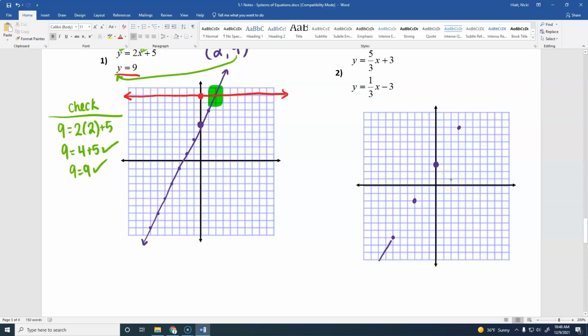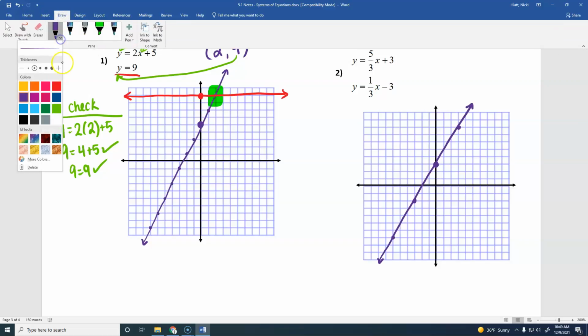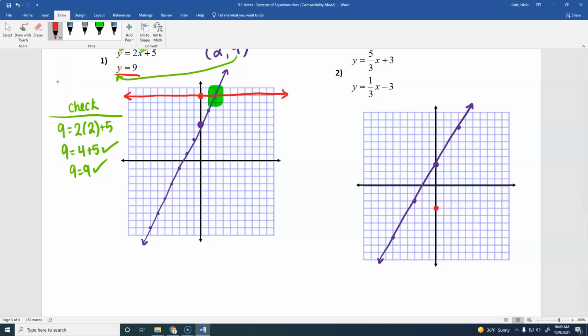So we'll have this line right here. And then we've got y-intercept at -3 and a slope of up 1 over 3.